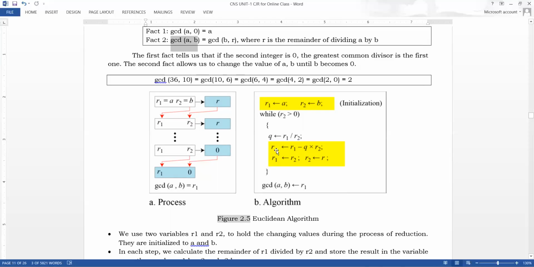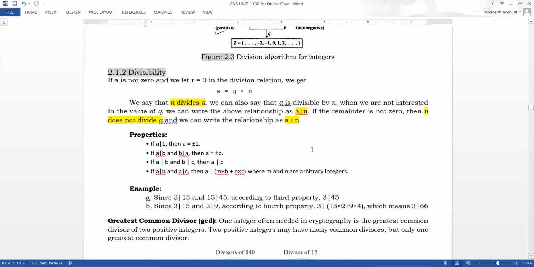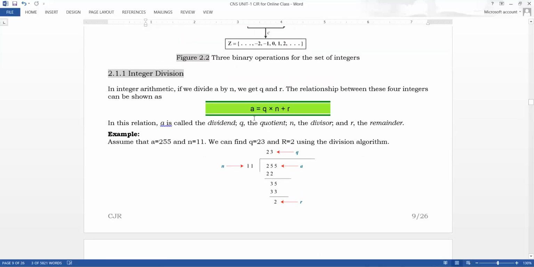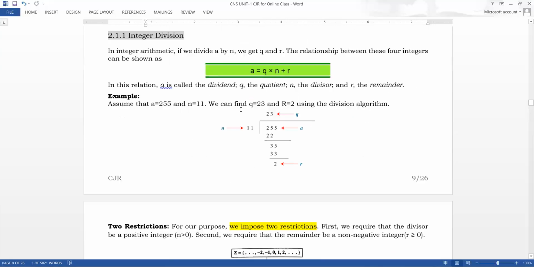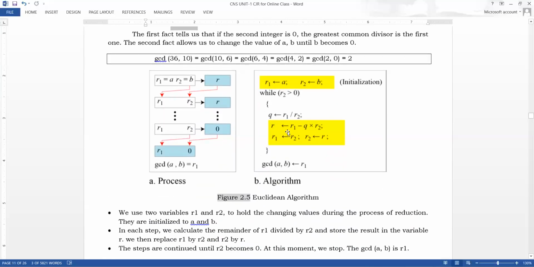So where does this equation come from? If you see this one, A equals Q into N plus R. So A equals quotient into N plus R. According to this, R equals what? A minus Q into N. Here Q into N goes to this side, then A minus Q into N. So the same formula applied here, and we made R equal to R1 minus Q into R2.